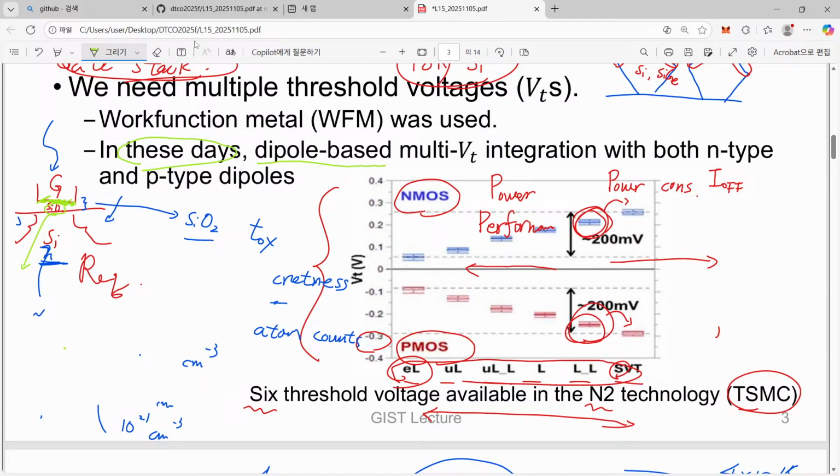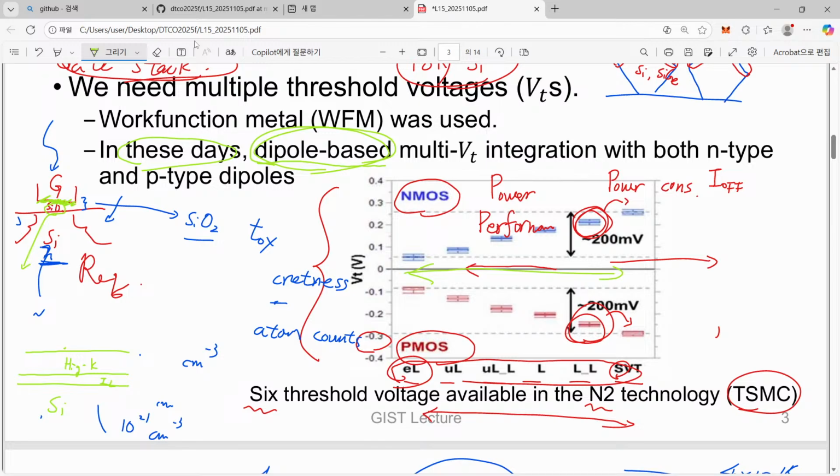So what is it? Dipole-based multi-threshold integration means that now we have a silicon substrate, and here we have an interfacial layer, extremely thin silicon dioxide, and on top of it we have a high K. Then we introduce certain dipoles selectively for one place and another place and another place, and by controlling the property of the dipole, we can introduce many different threshold voltages.